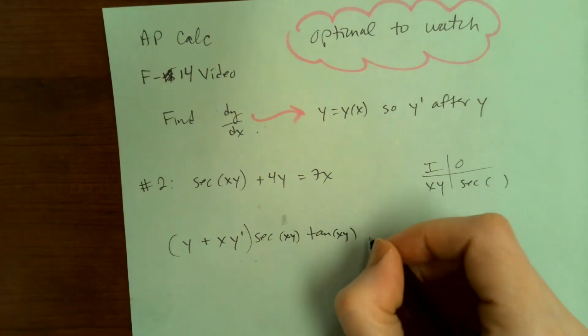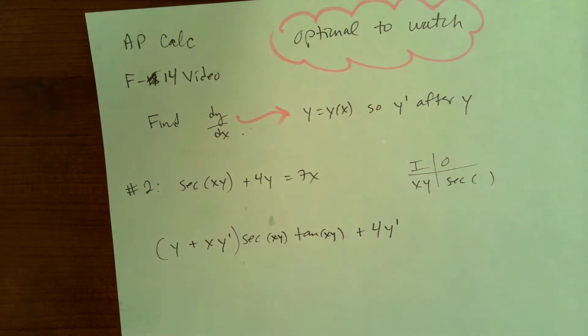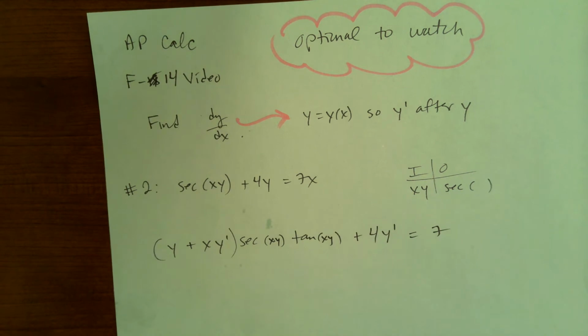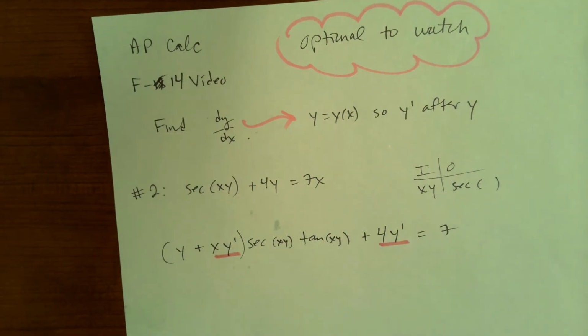Now the derivative of the second term is 4, but then you need a y prime after a y derivative, equals 7. Okay, now I'm going to need to solve for y prime. I've got 2 y prime terms. I need to get them on the same side of the equal sign and everything else on the other side.